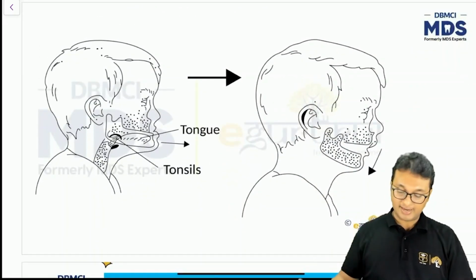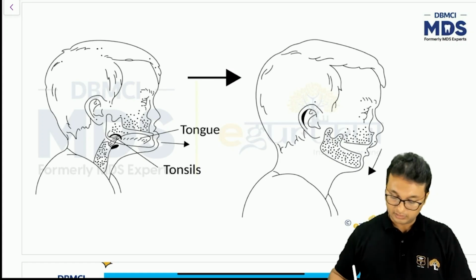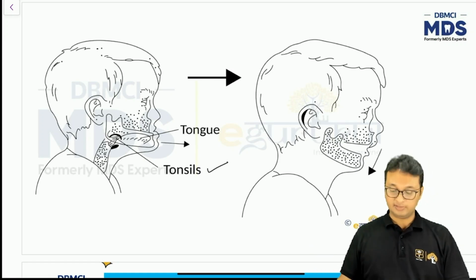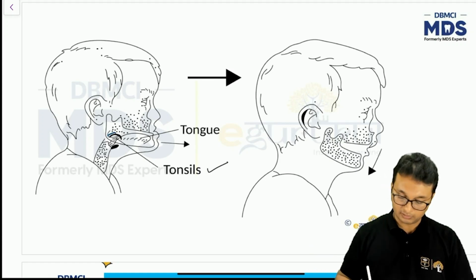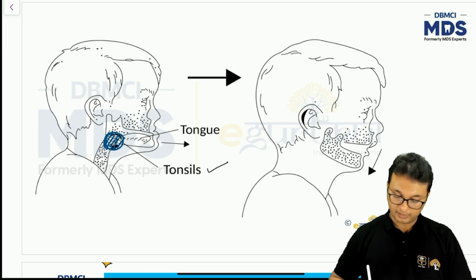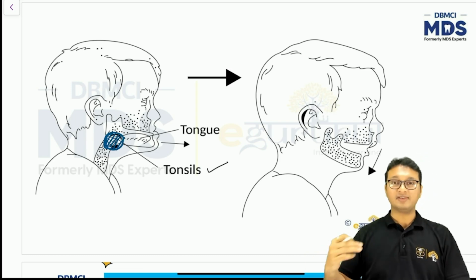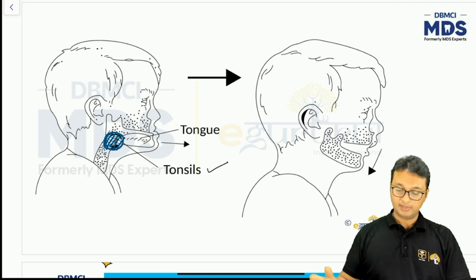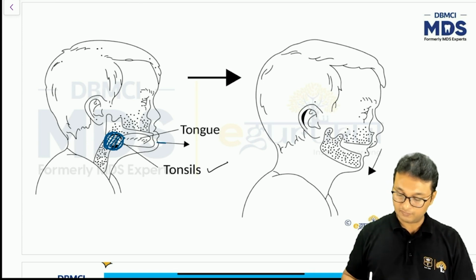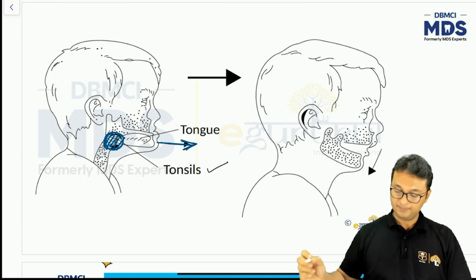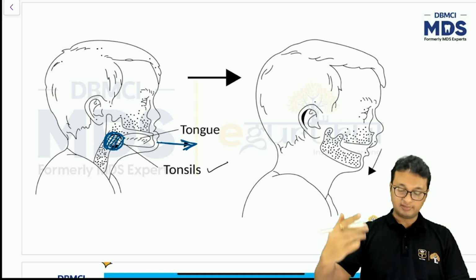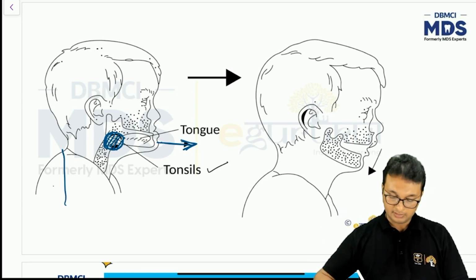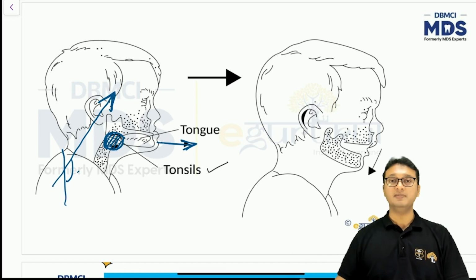Now, this is again a diagram. It shows enlarged tonsils in the patient's oropharyngeal region. Because of the tonsils, there is an increase in airway resistance. The patient has a tendency of keeping the tongue in a forward position, and also keeping the head slightly extended onto the shoulder girdle.